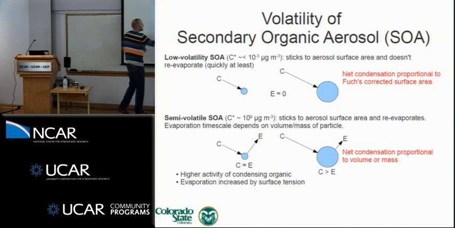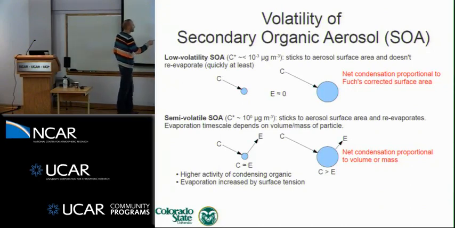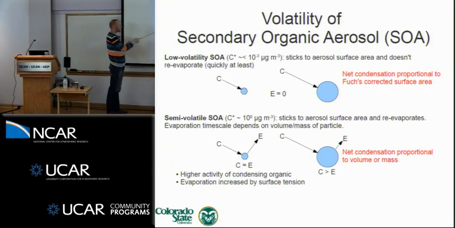Essentially the amount of condensation to a particle depends on the particle's surface area, or Fuchs corrected surface area, which accounts for the physical differences between the smallest particles and the larger particles. The small particles get less of the mass of the SOA that's forming, but they're still getting a substantial amount of it compared to if the SOA is semi-volatile.